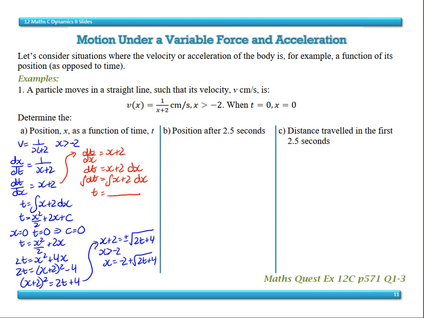Now position after 2.5 seconds, so t equals 2.5. So x was negative 2 plus the square root of 2t plus 4, which is going to be negative 2 plus the square root of 2 times 2.5 plus 4, which is negative 2 plus the square root of 9, negative 2 plus 3, which is 1.